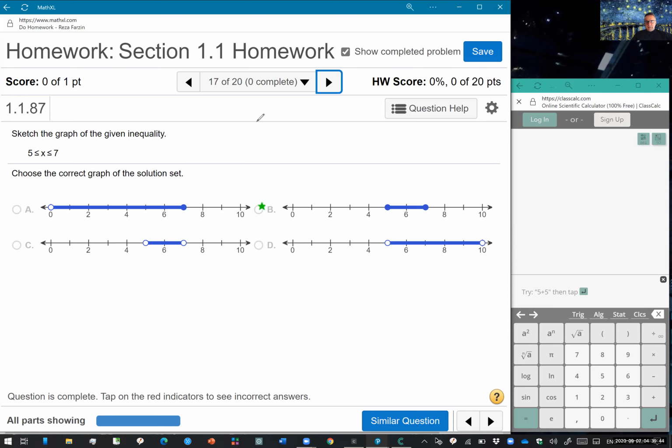Look again. Sorry, no. You mean bracket because it's included. Yeah, sorry. No problem. It happens. Bracket 5, comma, 7, and then bracket. That's it. Is everybody clear on that now?